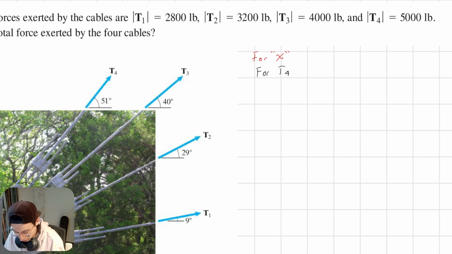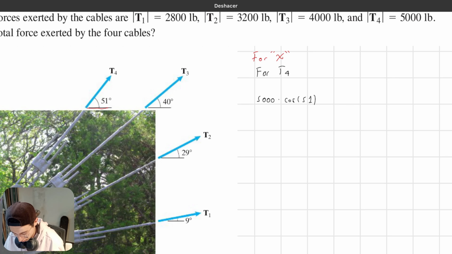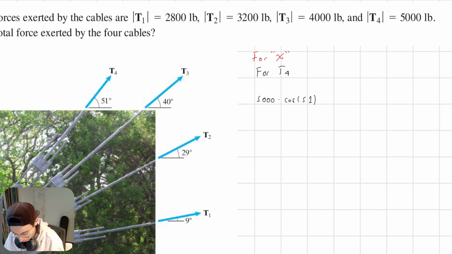So this is 5,000 times the cosine of 51. And right there I'm going to find this component.